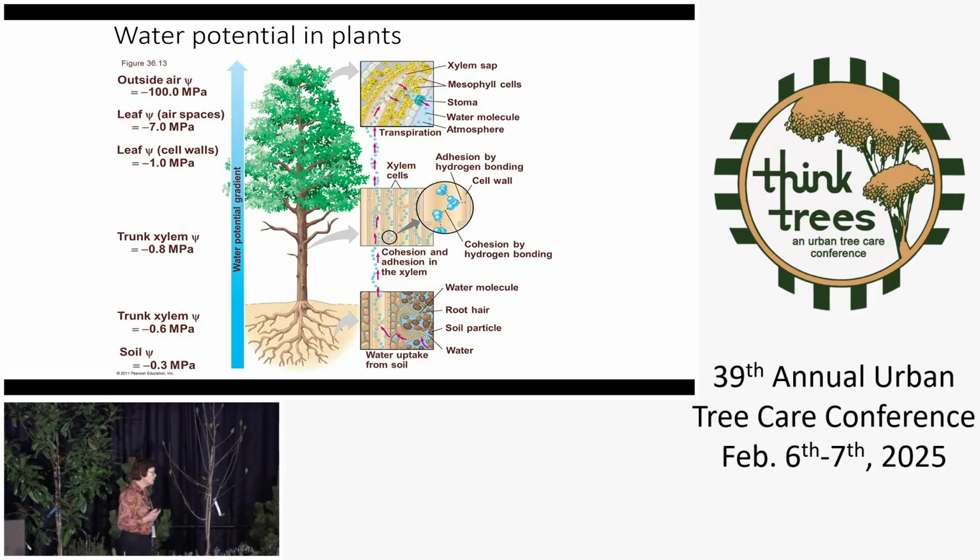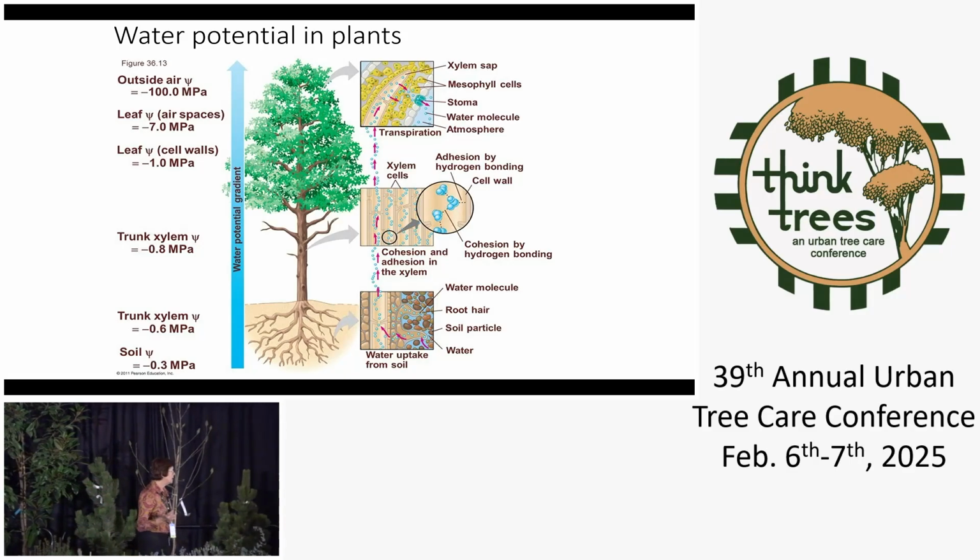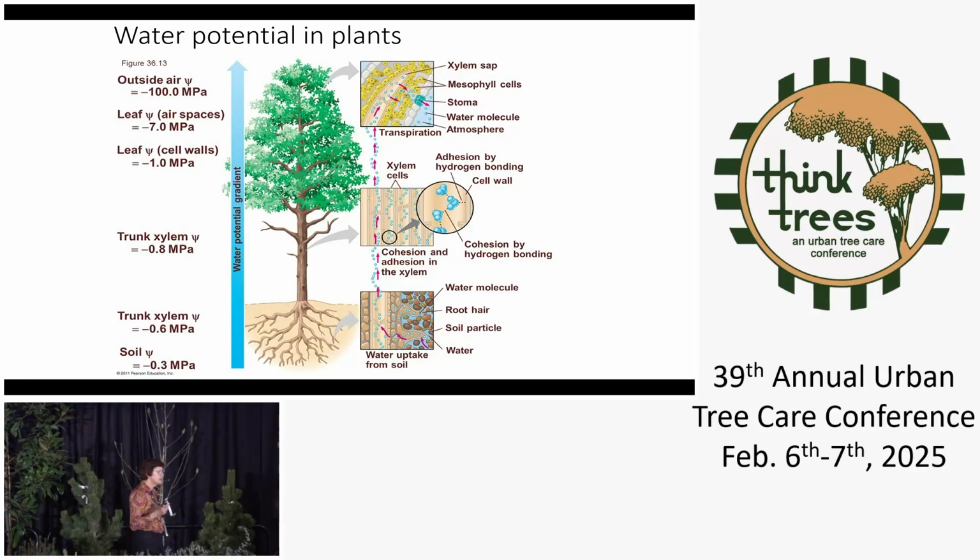So looking at how plants take up water, it starts at the root hairs, and through osmosis, the water moves into the xylem, then moves up the trunk against gravity all the way into the leaves, and there is that atmospheric pool of water. Why we're talking about this again is because it's really important to remember that plants have what we would call a cohesive water column that goes all the way from the root hairs into the leaves, all the way to the level of the stomata.